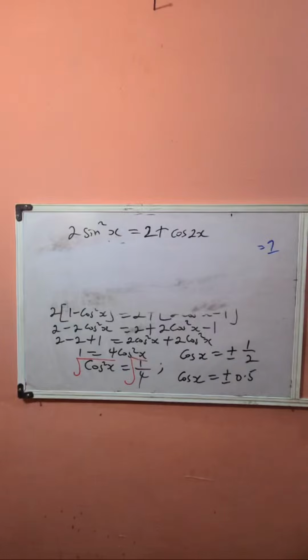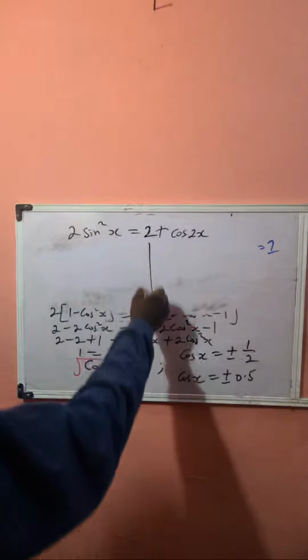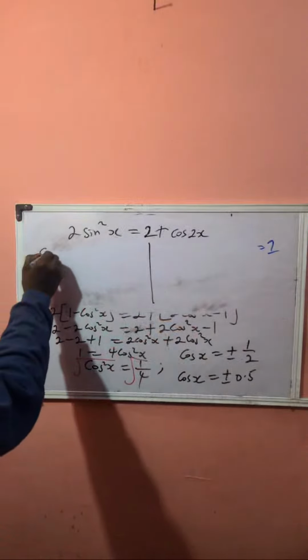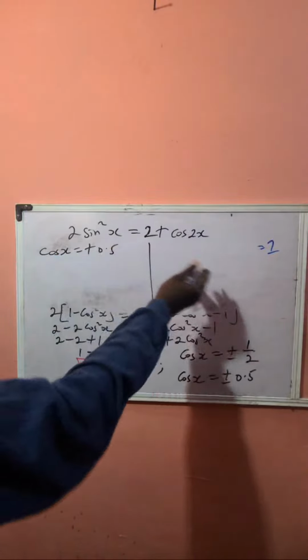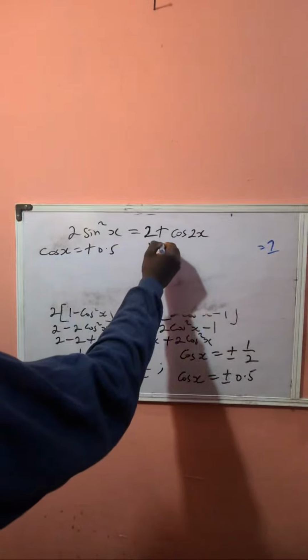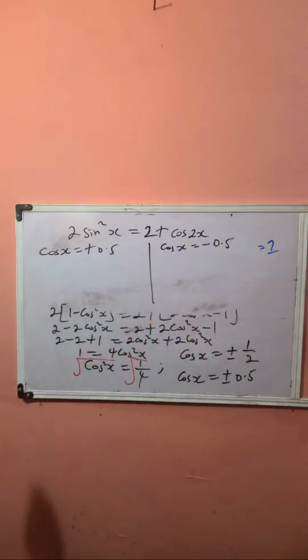So we're going to do it on both sides for you to understand more clearly. I'm going to solve for when cos x is equal to plus 0.5 here, and on this other end, I'm going to solve for when cos x is equal to minus 0.5.